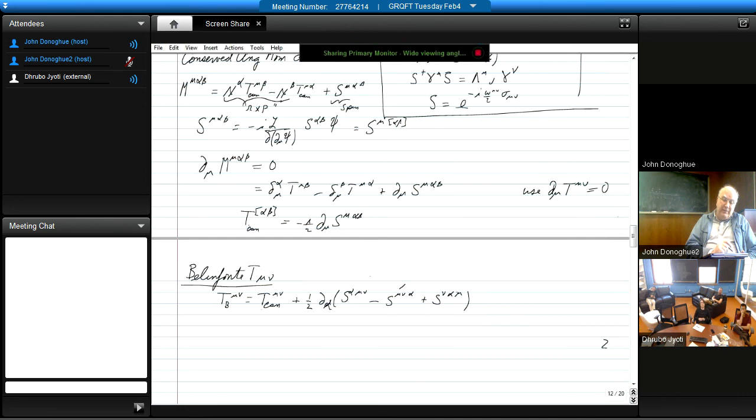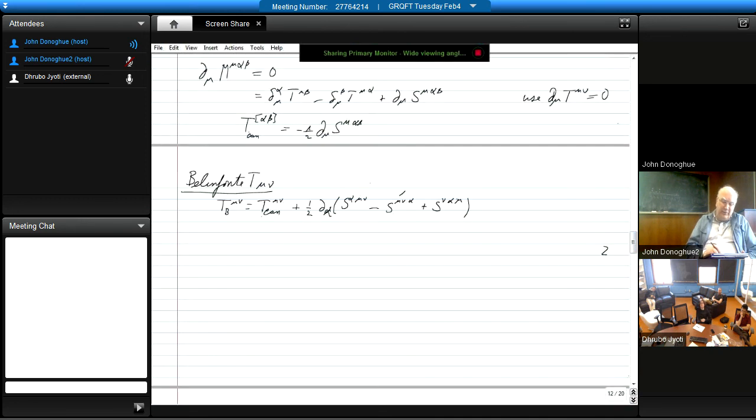Okay, so if I've done this construction right, and looking at the clock I'm going to skip some stuff here, the Belinfante antisymmetric piece is 0. I've basically just added pieces that cancel it by using that relation.